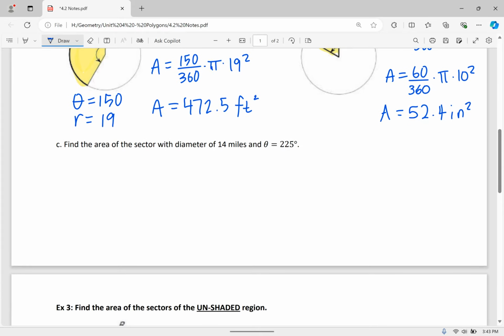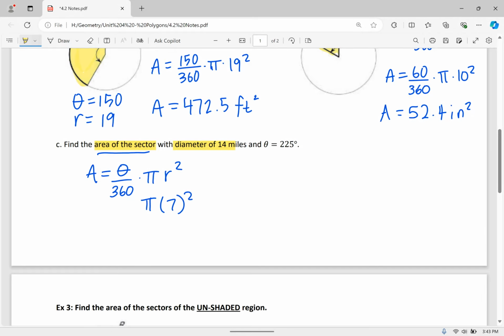Okay, this next problem, when we read it, we want to really make sure that we are paying attention. It says find the area of the sector. So again, that's using the formula that we had from before. That formula is the angle over 360 times pi times the radius squared. Here it gives me the diameter, so I know the radius is 7.